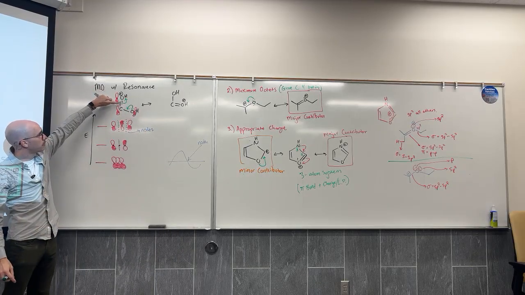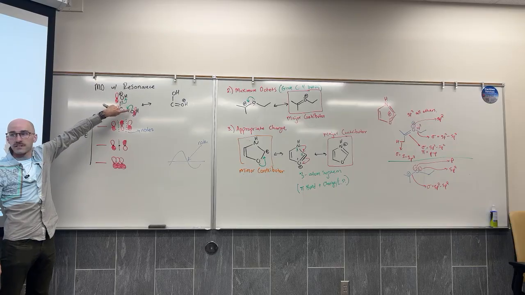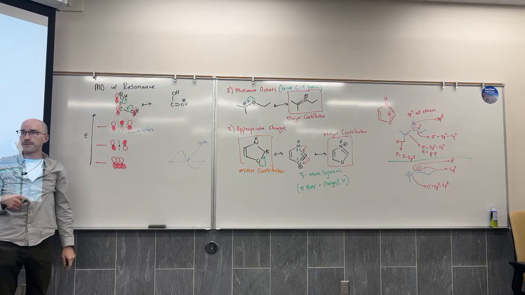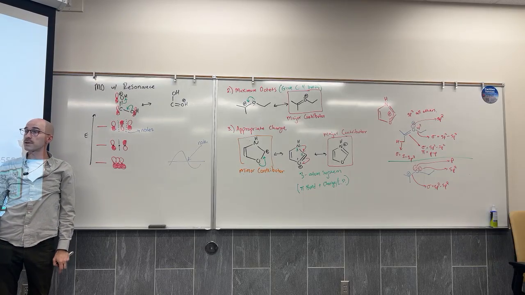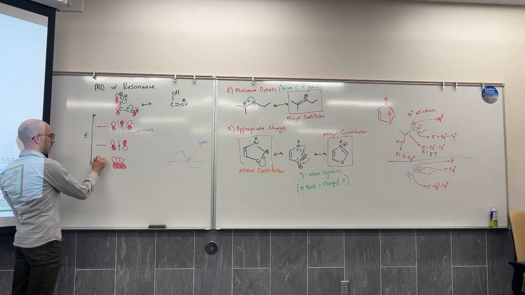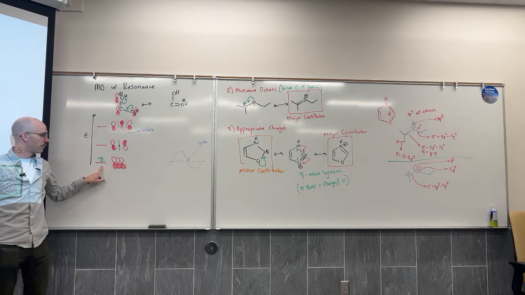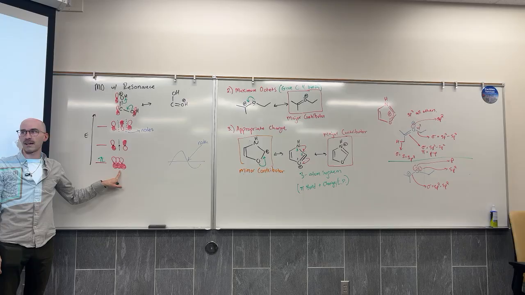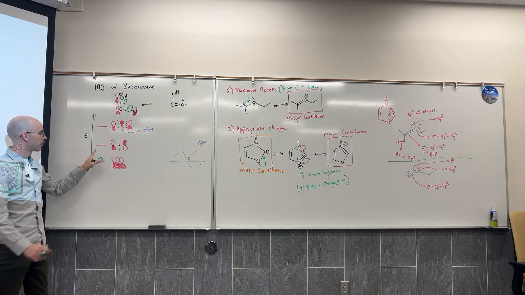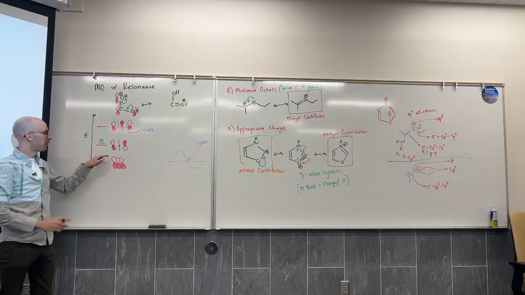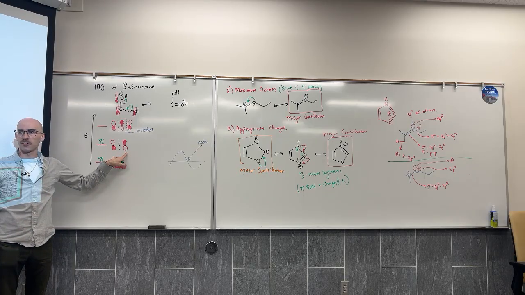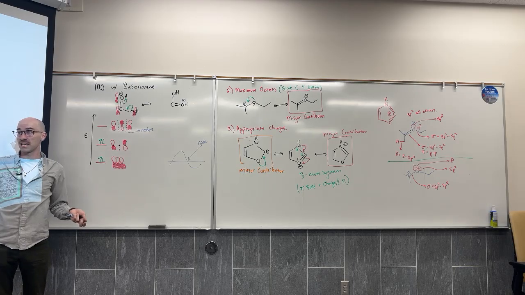I've got these 2 pi electrons, and I've got these 2 pi electrons. So let's fill in the pi electrons from lowest energy to highest energy. The lowest energy fills into the pi orbital that spans all 3 atoms. The next lowest energy fills into the molecular orbital that only sits over the oxygens. These electrons are never seen by the carbon.